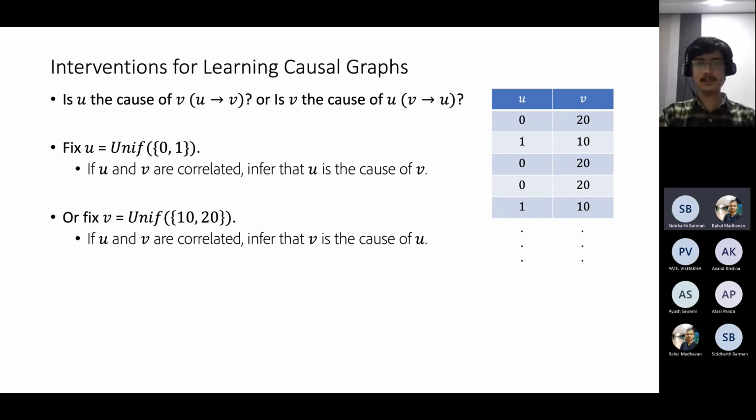I'm guessing that if neither is the cause of the other and there's a third hidden variable that causes both of them, you will not find correlation between the two, even when you fix U and V. Yes, basically we would need to do both the interventions to infer that there is a third, unobserved variable which affects U and V, and none of them are the causes of the other.